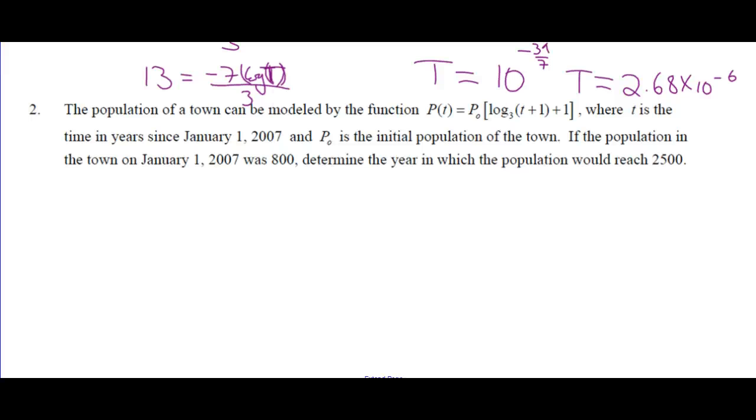If the population in the town was 800, determine the year in which the population reached 2,500. So we want to end up with 2,500. That's going to be our population after time t. We start with 800, with square brackets, and log 3. Determine the year in which. t is the time in years, so we don't know this.